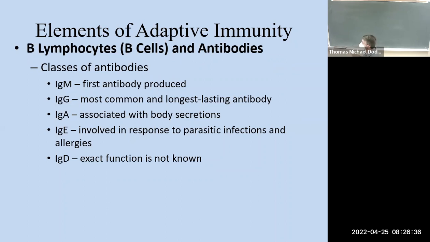It's immunoglobulin M, immunoglobulin G, but we just call them IgM, IgG, IgA, IgE, IgD. These are versions of antibodies that can be attached by themselves or attached to your B cells. IgM is the first antibody produced. Once you get infected, IgM is the first one your body makes.